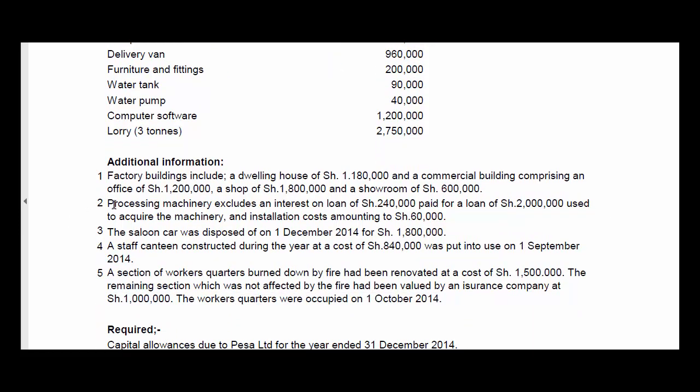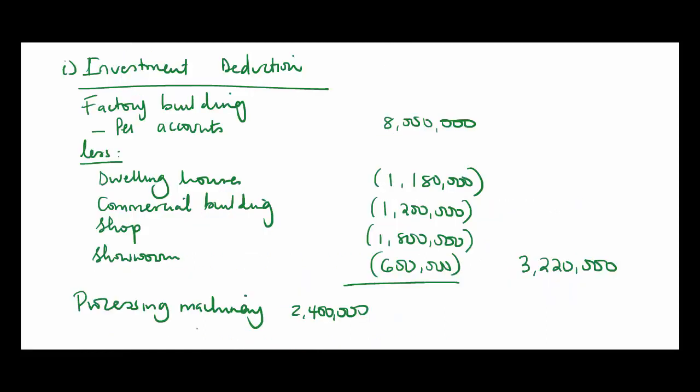Note 2, processing machinery excludes interest on loan of 240. So now this amount needs to be capitalized. So just add 240, and installation costs amounting to 60,000. This again should be capitalized. So 240 plus 60 gives you 2.7 million.